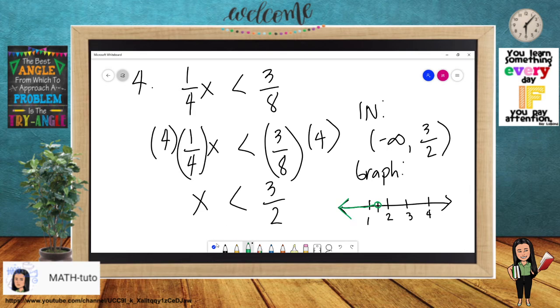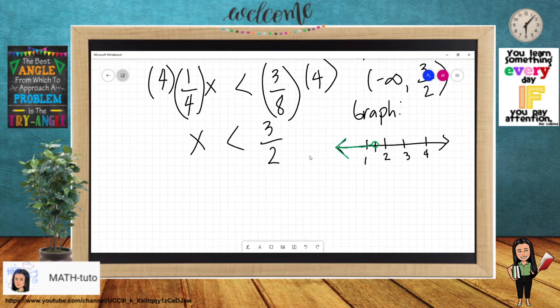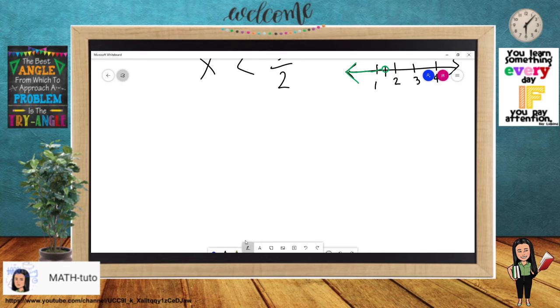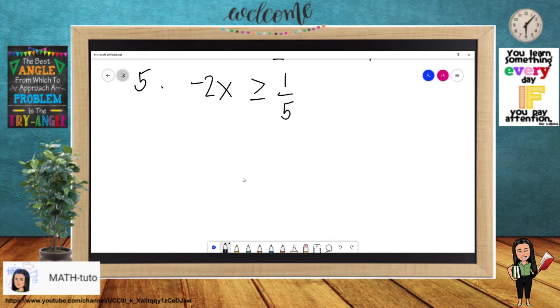Okay? Let's have just one more example. Example number 5. Negative 2x is greater than or equal to 1 over 5. This means that we need to divide both sides of our inequality by negative 2.